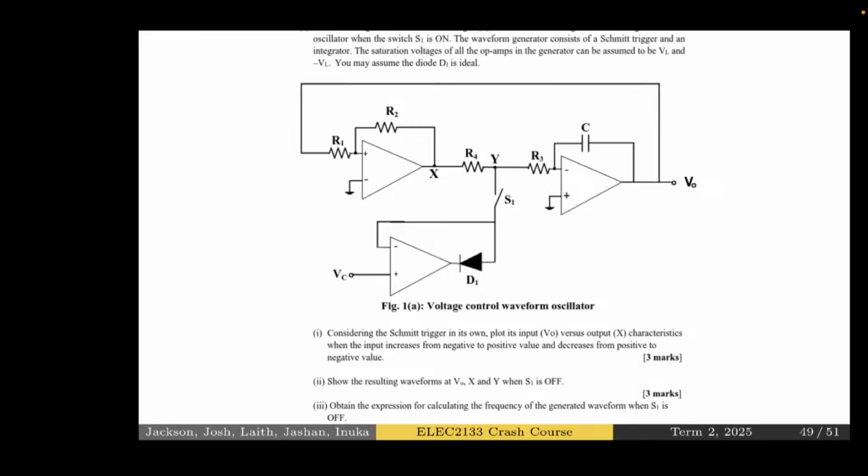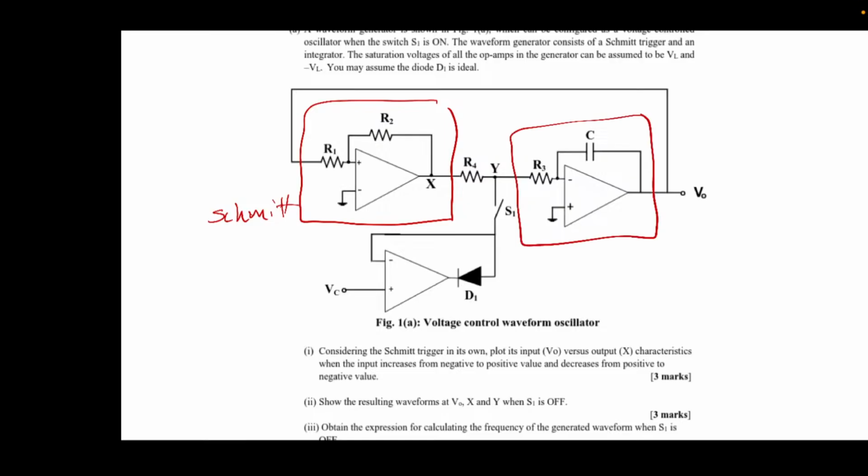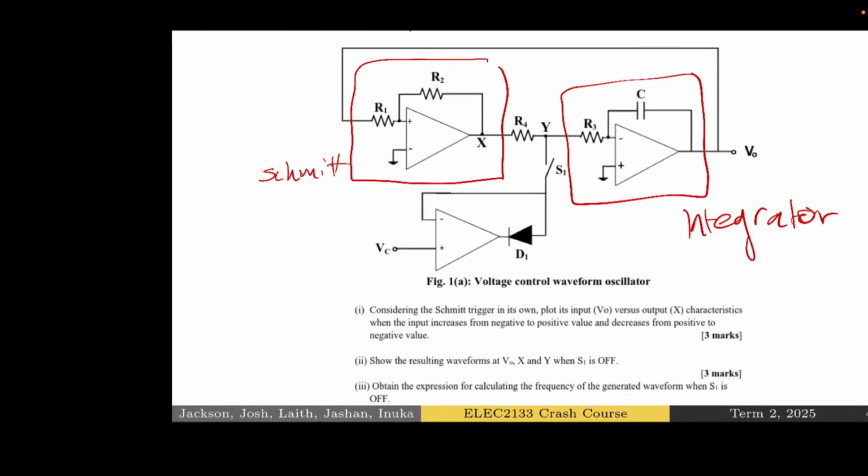Okay, I guess before I go on, let's actually have a look at the different components of this circuit. So this component is a Schmidt trigger. You should just know this, just memorize this. It's a Schmidt trigger. Okay. This is an integrator. So this was on the slides that Jackson covered before. Integrator.